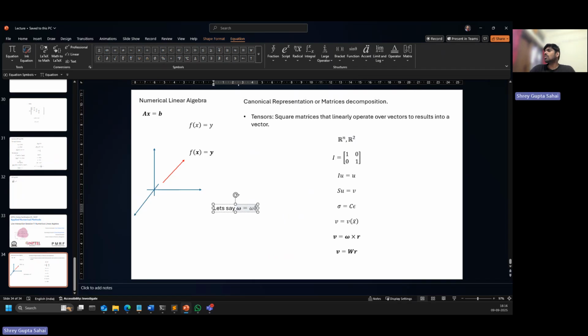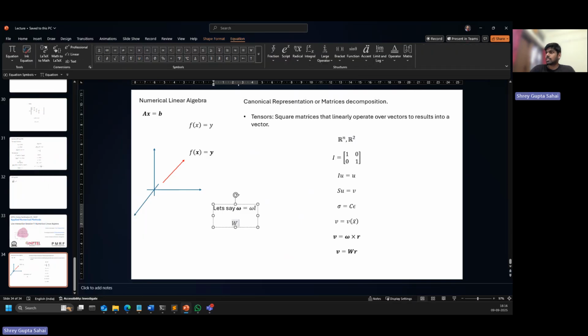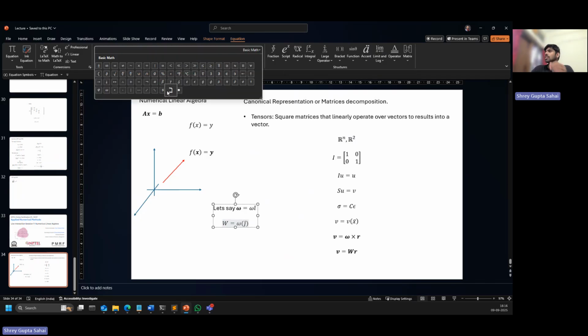Okay, so now actually you can write W as omega hat j. Then there is this operator called the dyadic product.